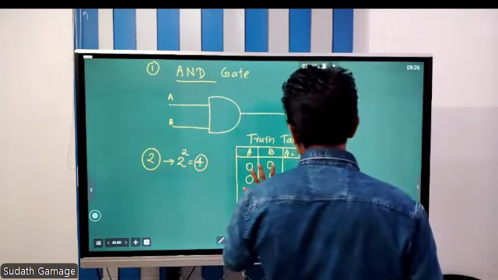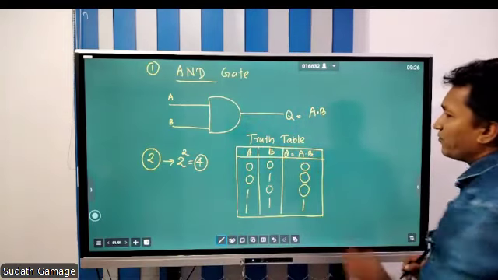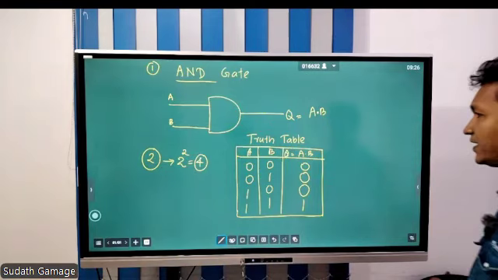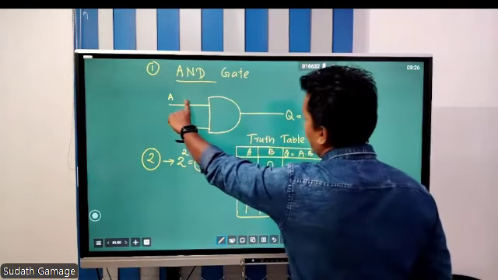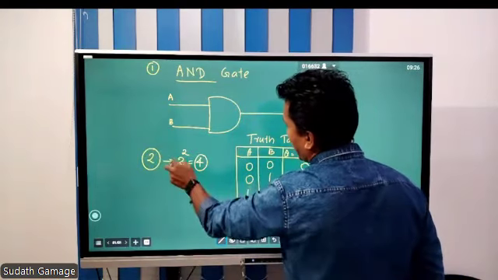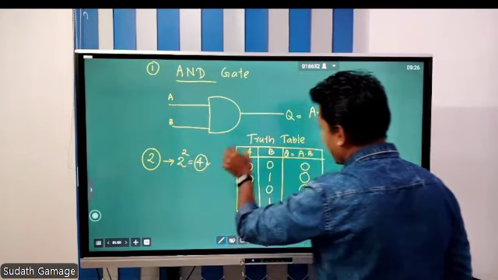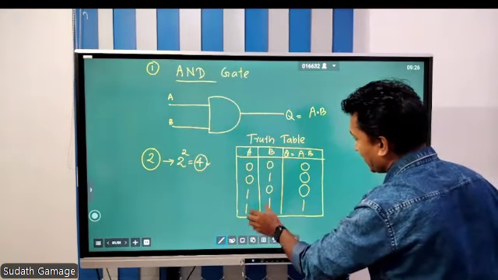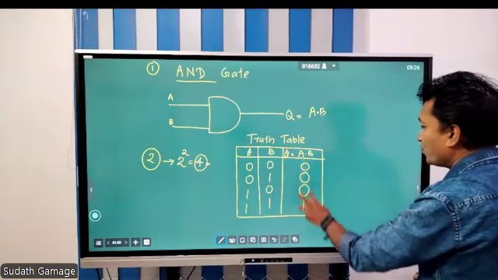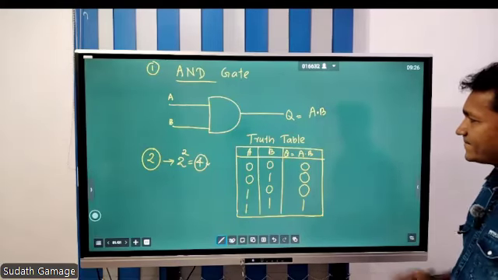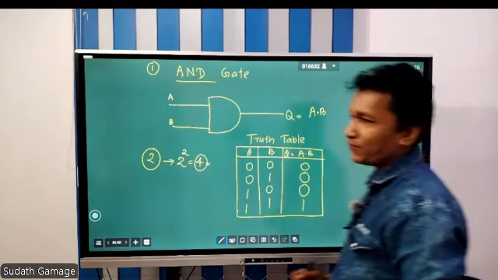Therefore, this is the truth table for the AND gate. Only two inputs are there, therefore there can be only 2 to the power 2, 4 combinations. So we write the combinations and the relevant output for all combinations.